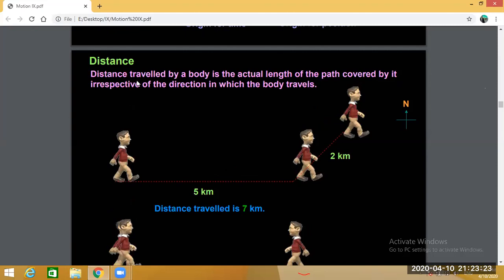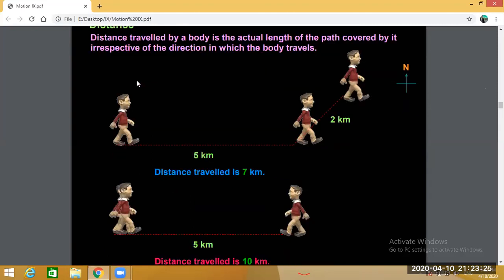Distance traveled by a body is defined as the actual length of the path covered by the body, irrespective of the direction in which the body travels. Here direction is not important. We just calculate the actual path length covered by the moving body, irrespective of the direction in which it is moving.